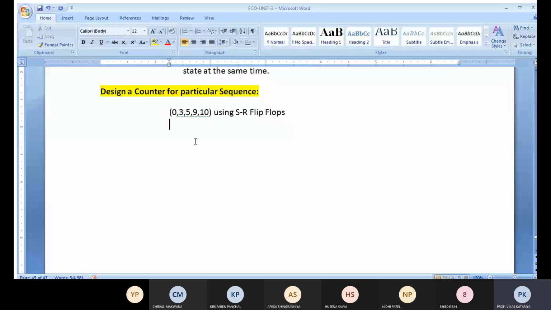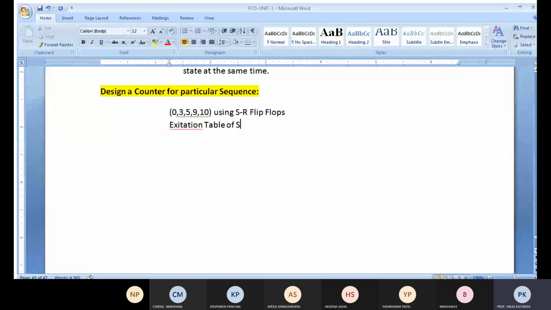I told you in the previous lecture that if you know the excitation table, then you are capable of designing. For whichever flip-flops we are going to design the counter, we should know the excitation table for that flip-flop.